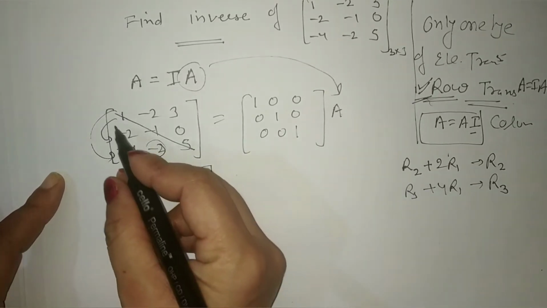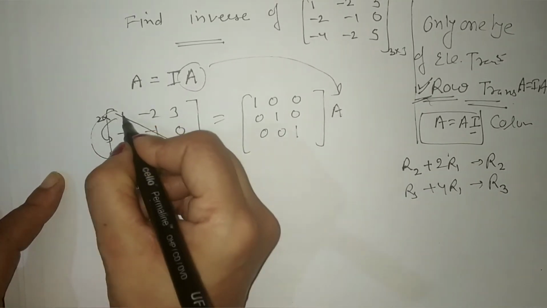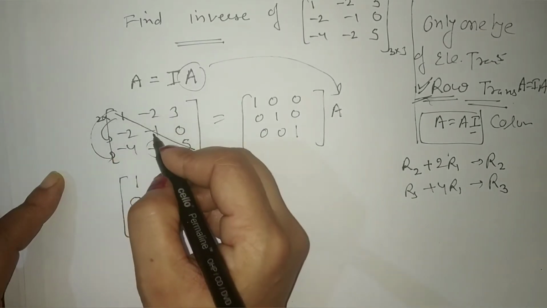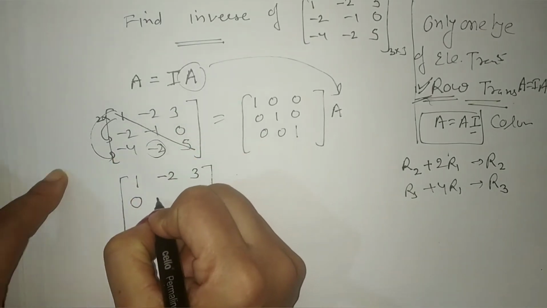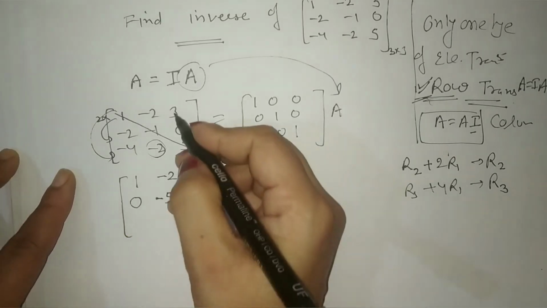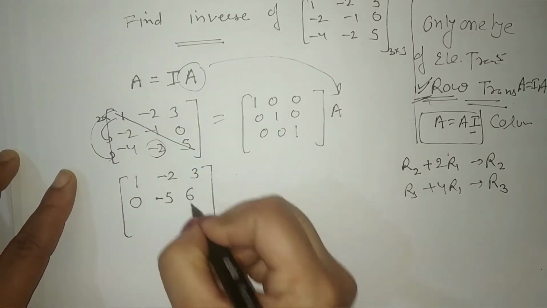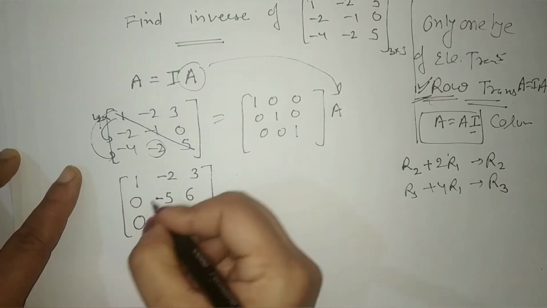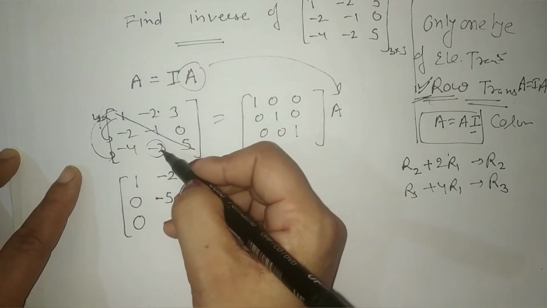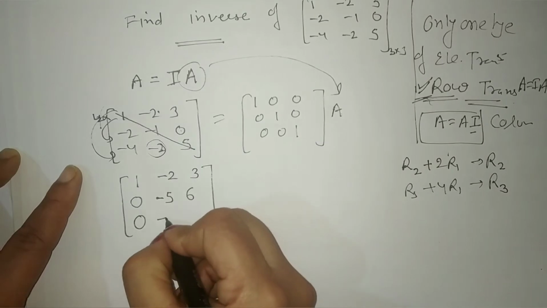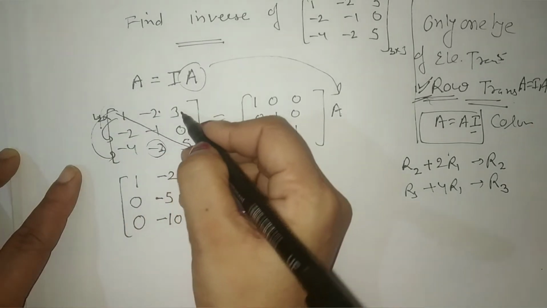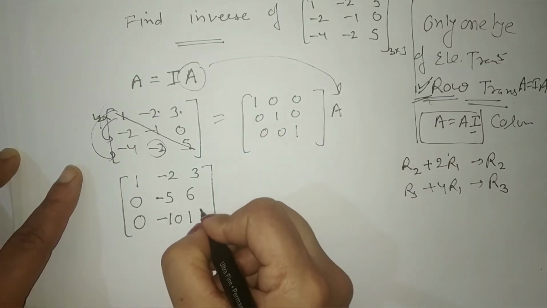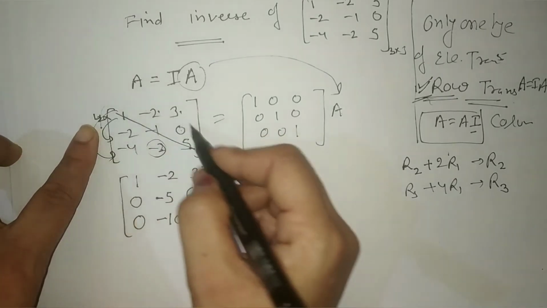Now with these two operations, when multiplied by 2 and added to this, 0, minus 4 minus 1 is minus 5, then 0 minus 6 is minus 6. Similarly, when multiplied by 4 and added to the last row, it will be 0, minus 8 minus 2 is minus 10, minus 12 plus 5, minus 17.